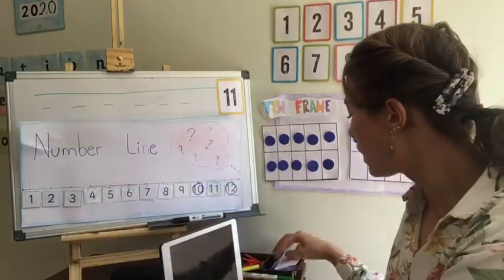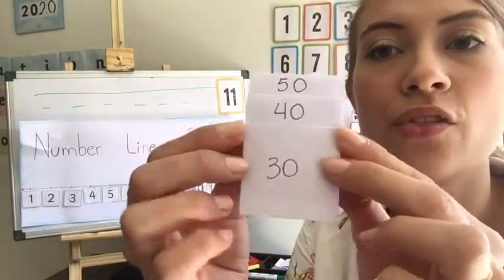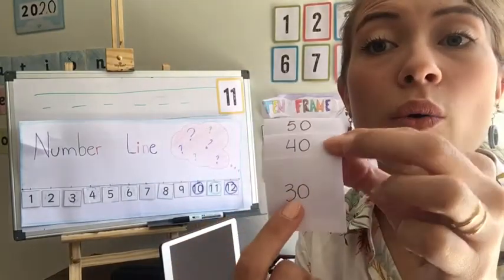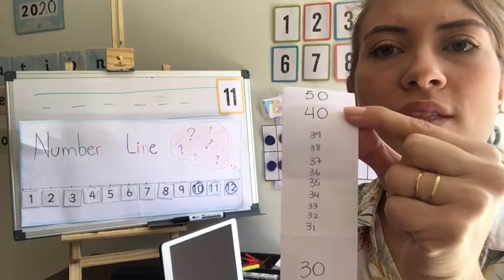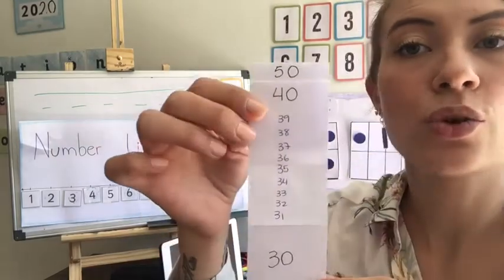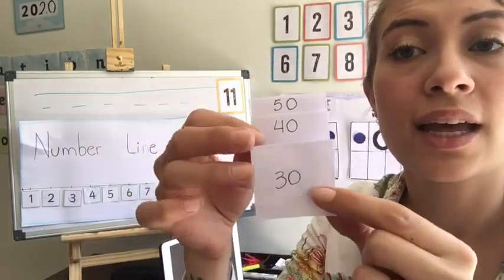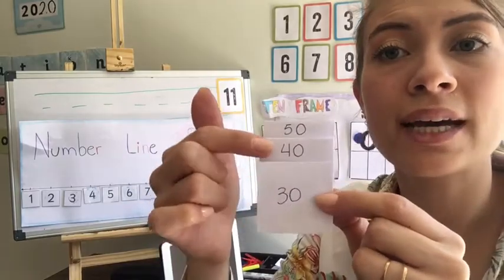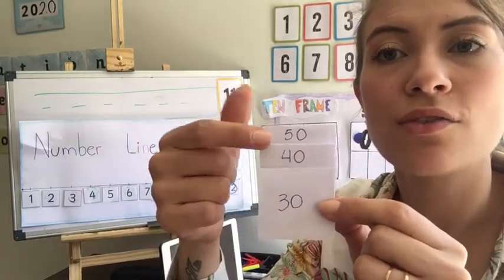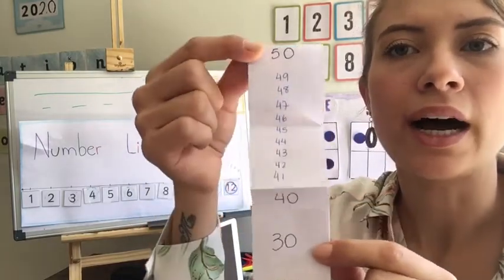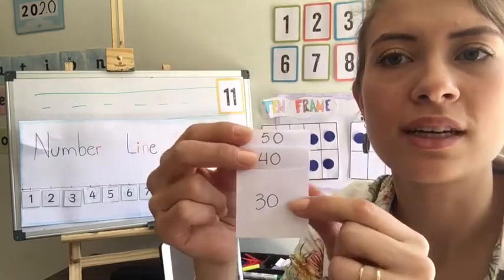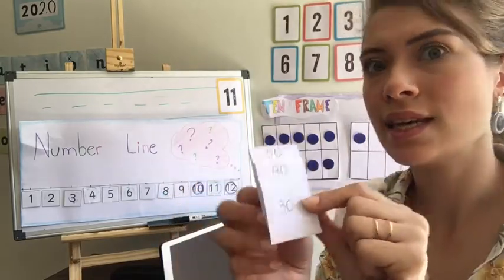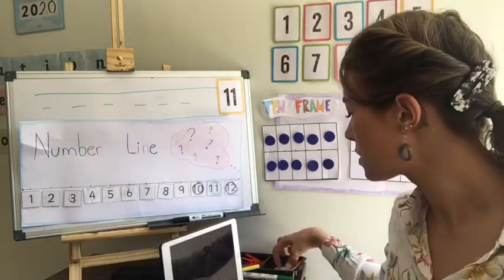For example, if I pick up 30, I know between 30 and 40 we have all of these numbers, but I don't need to count all of that. I can just keep counting by tens. 30, 40, 50. I know it has a lot of numbers here in the middle, but I don't need to count them. It's an easy way to count.